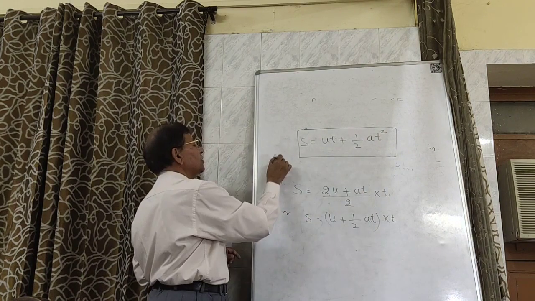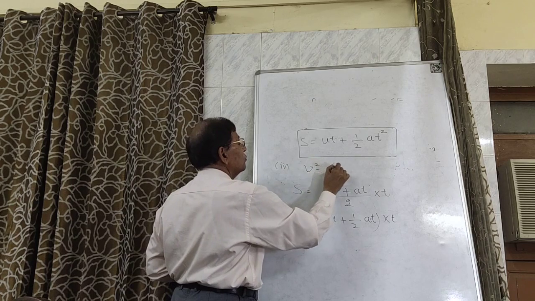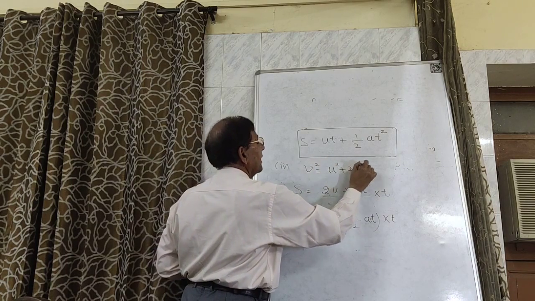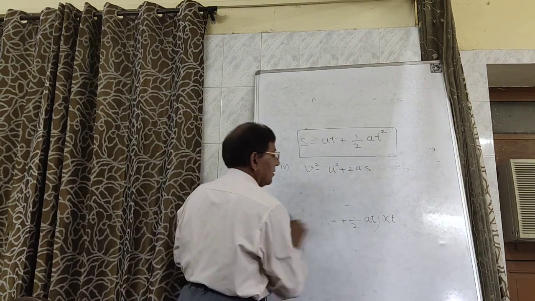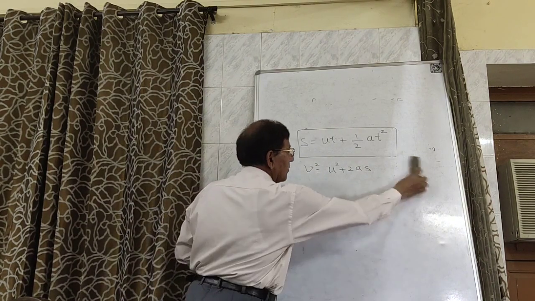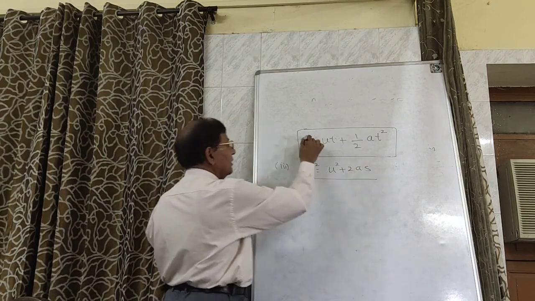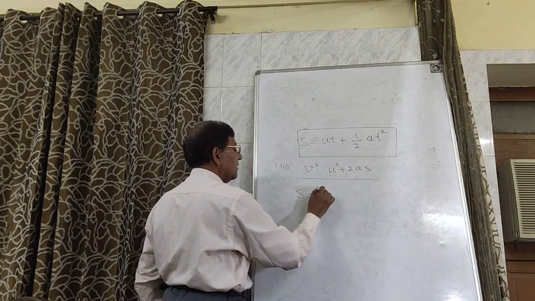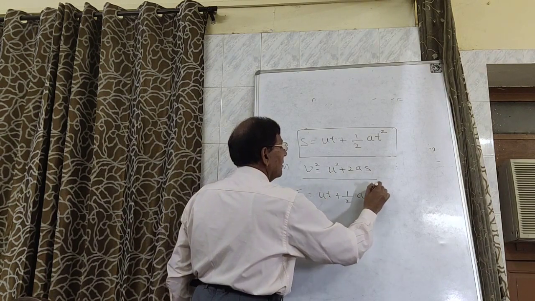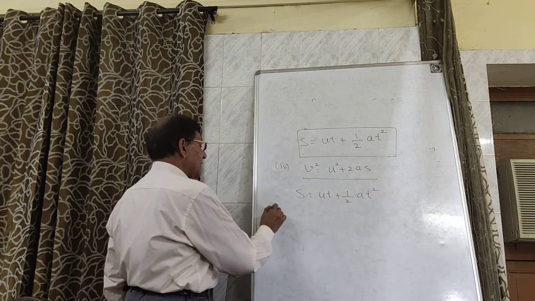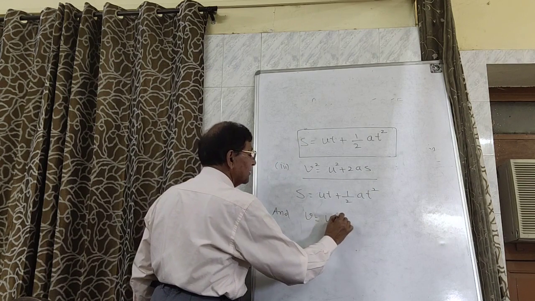The third equation of motion is v square equals u square plus 2as. Let us derive this equation. We know that s equals ut plus half at square and v equals u plus at.